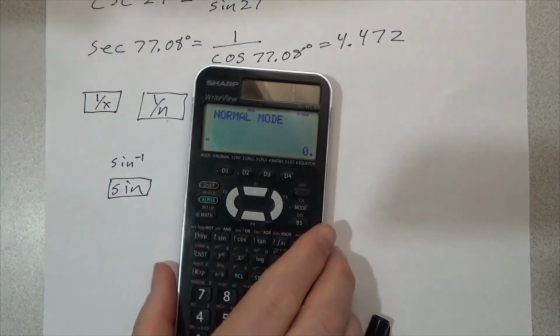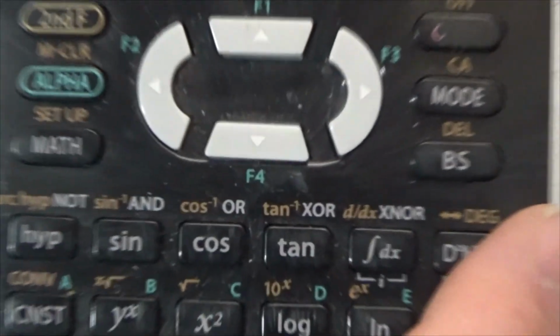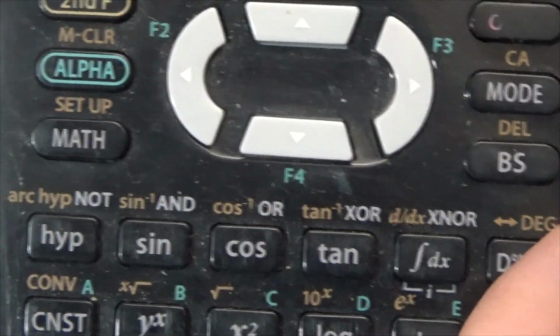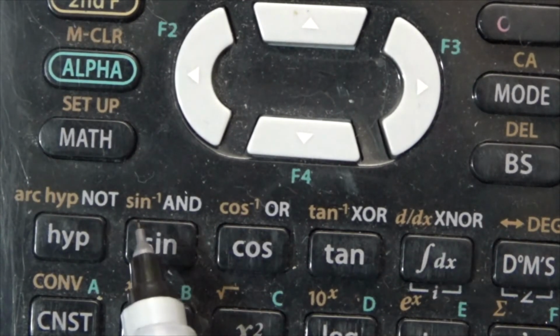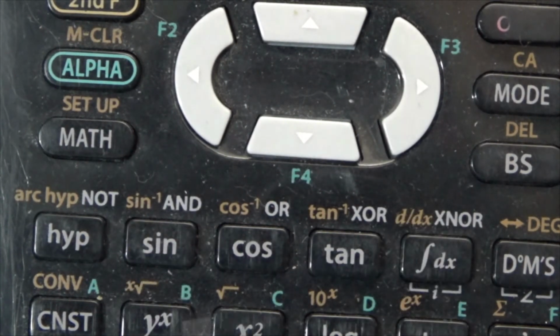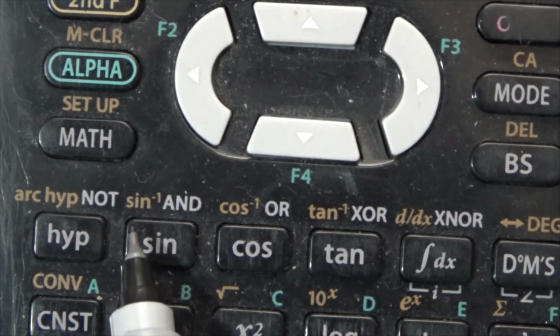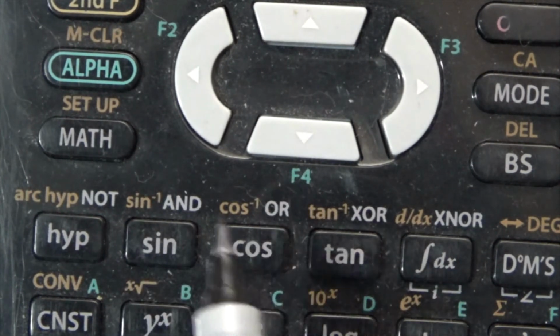So let me zoom in a little bit here to show you what button I'm hitting. Right there, just above my sine button is the arc sine. On my calculator, there are several different colors of buttons: this orangish colored one, a white one, and then there are some green ones.